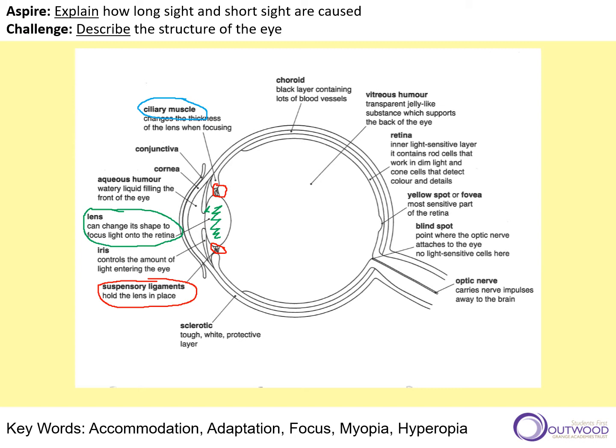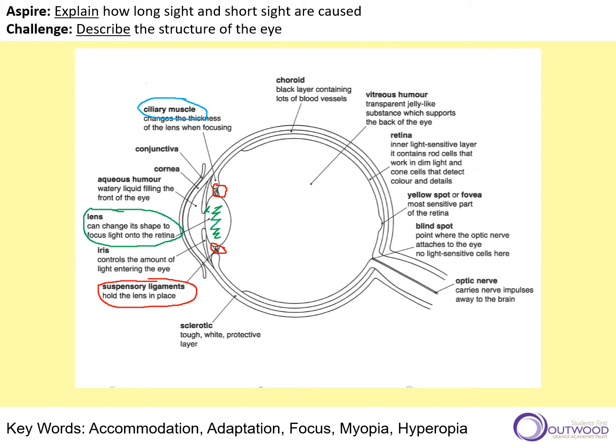We know from our previous work, muscles contract. When they contract or relax, they will tighten or relax the suspensory ligaments. If they tighten, the lens will change shape, it will become thinner. If they relax, it will get thicker. Think about stretching a long piece of spaghetti.